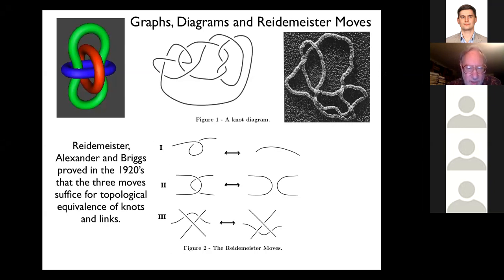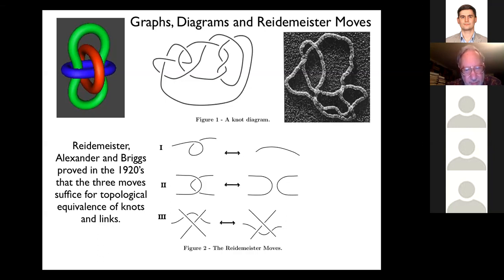And in fact, it's quite remarkable that these 3 moves were employed but not fully theorized about by Clerk Maxwell, who studied knots in the 19th century. He and Tate and others studied knots, and Maxwell had these moves.